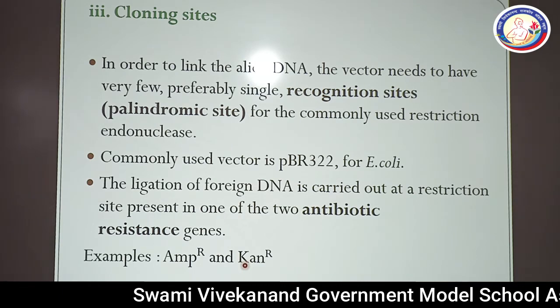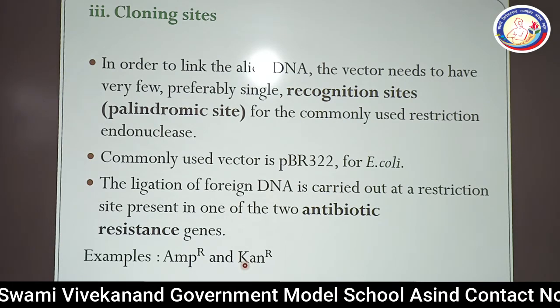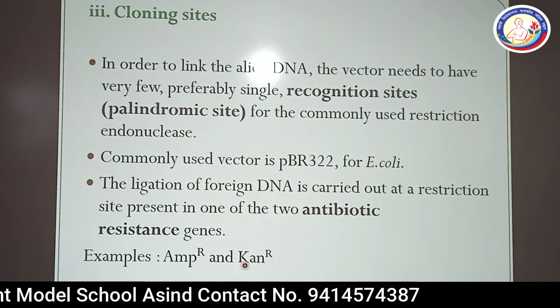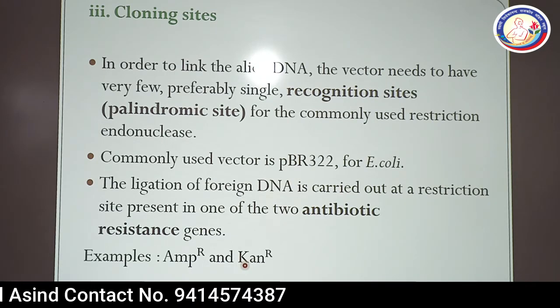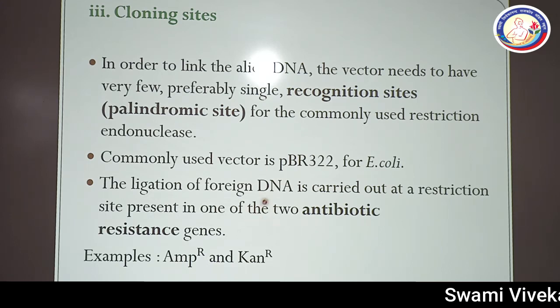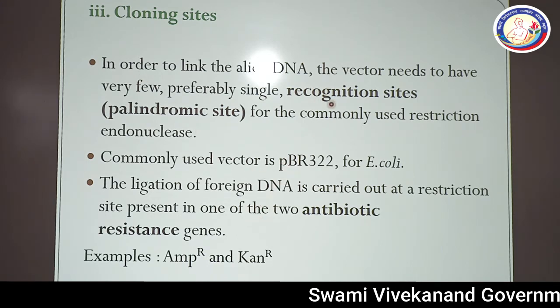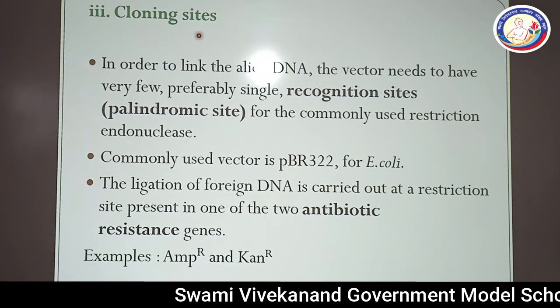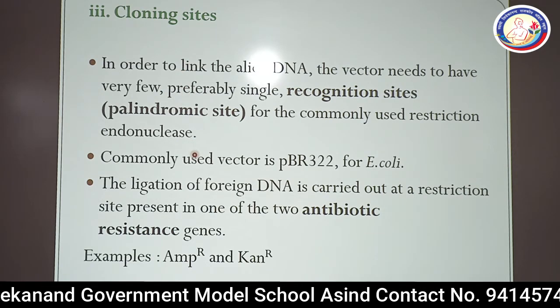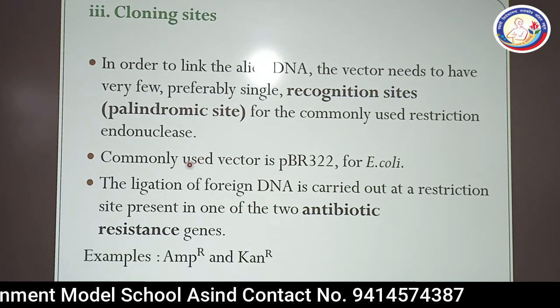One thing to remember, we will use only two selectable markers, out of which one will be used as a cloning site, while the other will be helpful for the identification of the host cell.